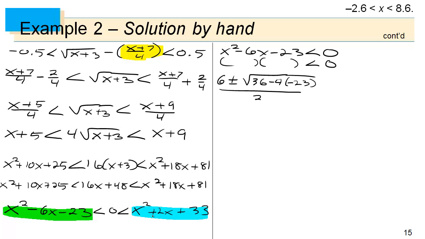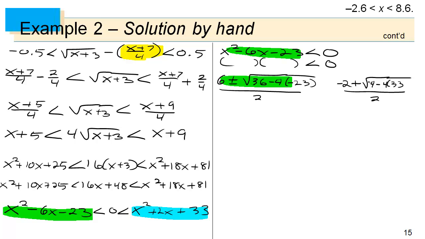Now we can also do the same thing for the blue one. Just so we can see the colors, this is the green one. We can also do the blue one at the same time and have minus b, so this is negative 2, plus and minus the square root of b squared, which is 4, minus 4 times a times c, all over 2.